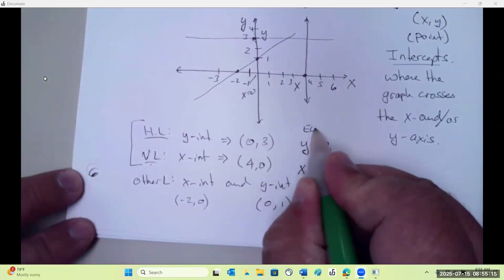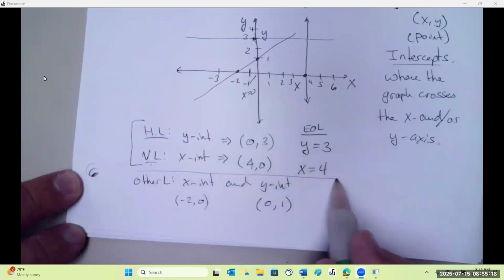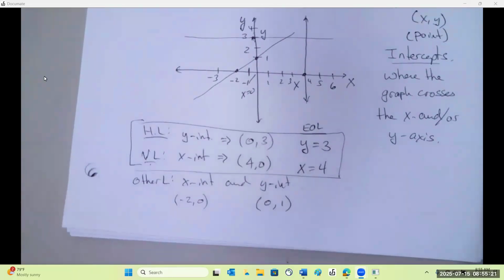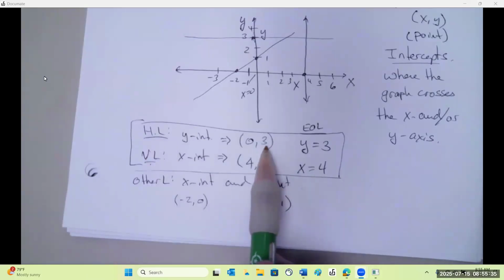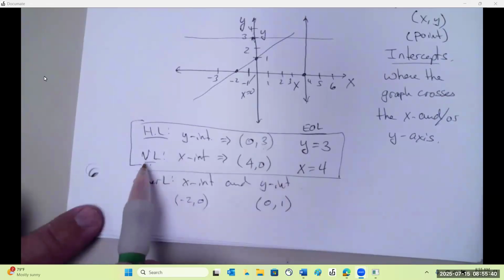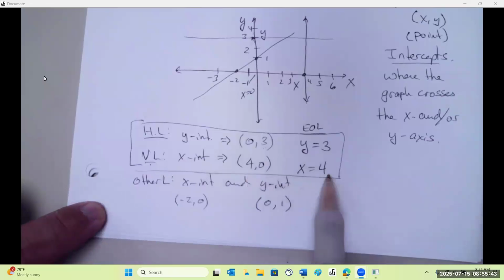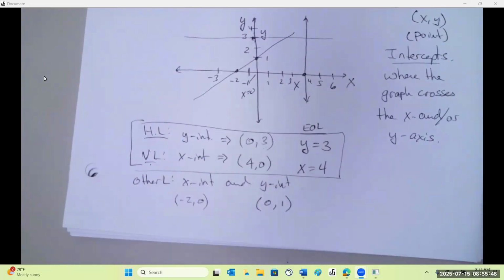This is the equation of the line for these two. So the equation of a horizontal line is simply the y value. The equation of a vertical line is simply the x value. That's what it's telling us. So far, so good. But we're getting to a point to discuss actual equations of lines.